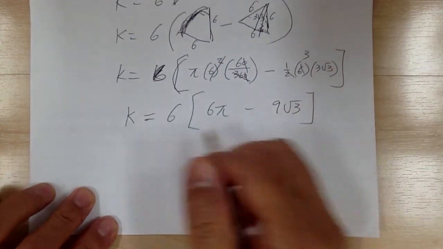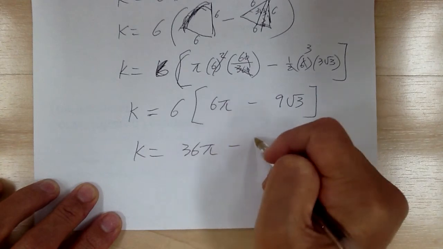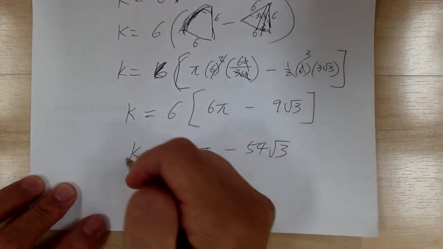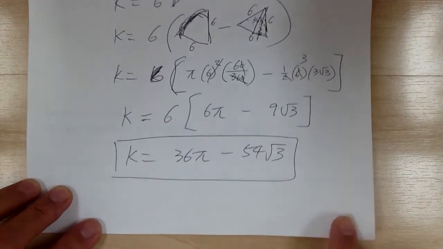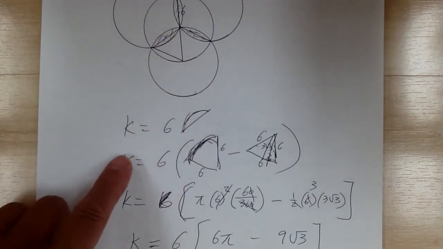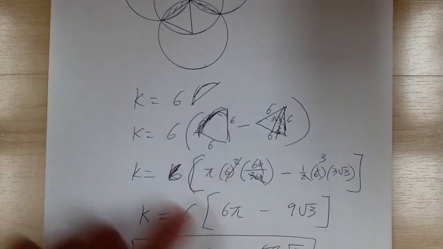And so the area will equal 36 pi minus 54 square root of 3. Right, and that's it. So again, sometimes the problem gets complicated. You need to go ahead and draw it out and develop your strategy. Then from there you can figure it out and work it out.